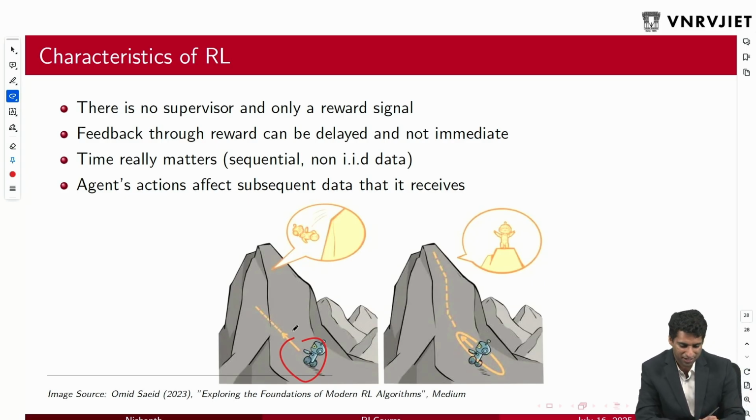On the other hand, if the agent chooses to take a slight left at every turn, then it can actually navigate the task and complete the goal, right? Or climb up the hill. So every action that an agent takes at a particular instant of time has a very significant effect, and it can lead to a difference between either solving the task or completely failing at the task.